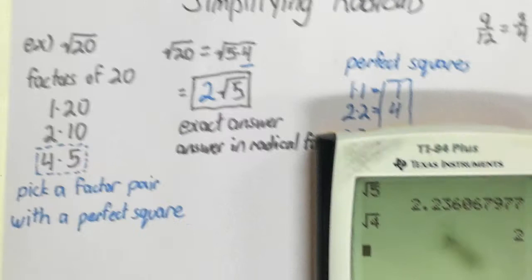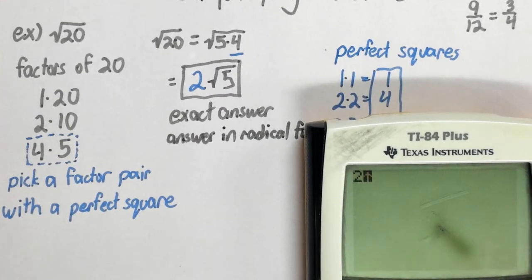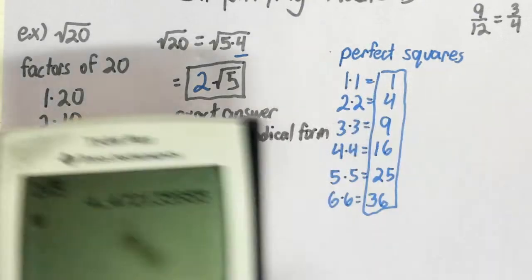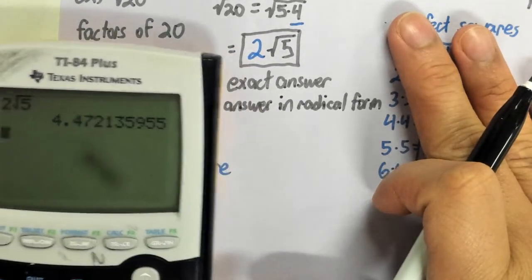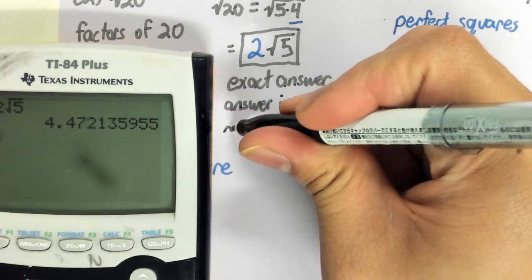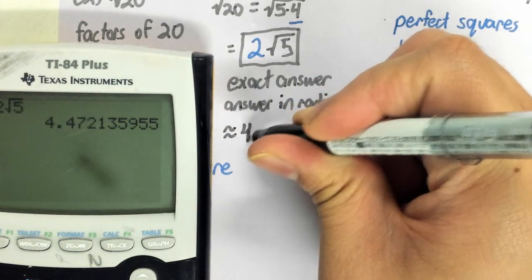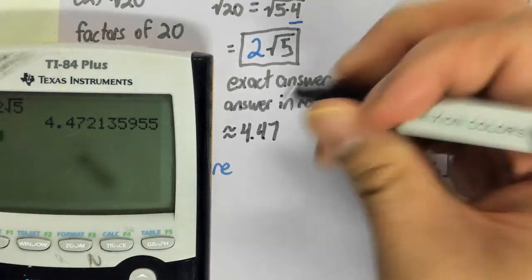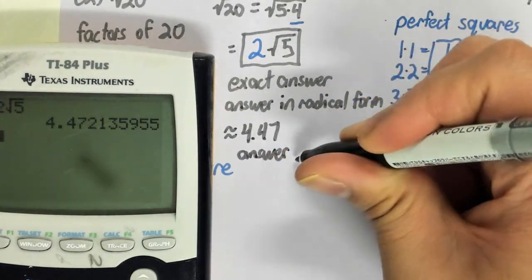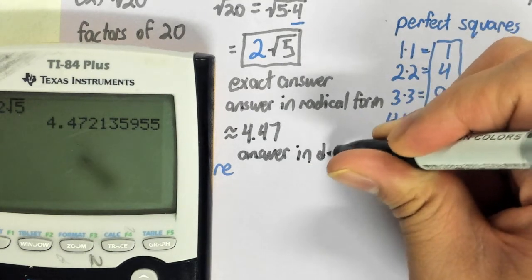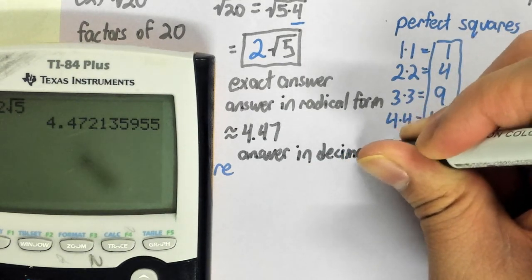On the calculator, if you were to type in 2 square root of 5, it gives you that funky decimal. So this is approximately 4.47, which is what we call the answer in decimal form.